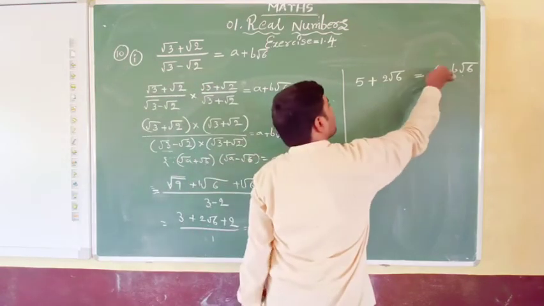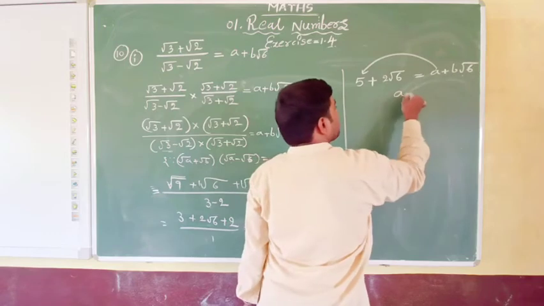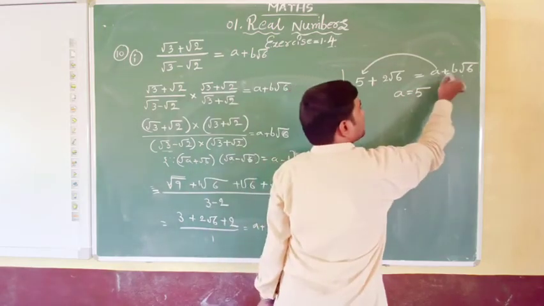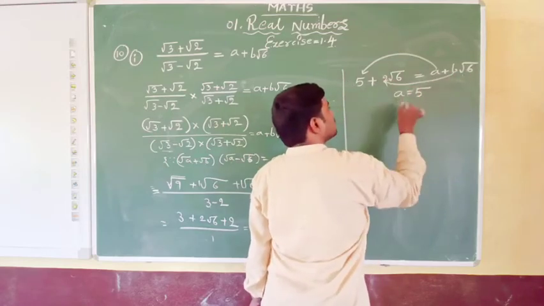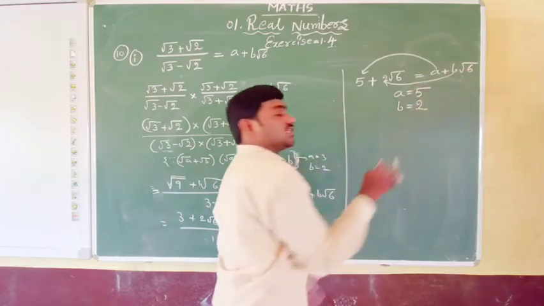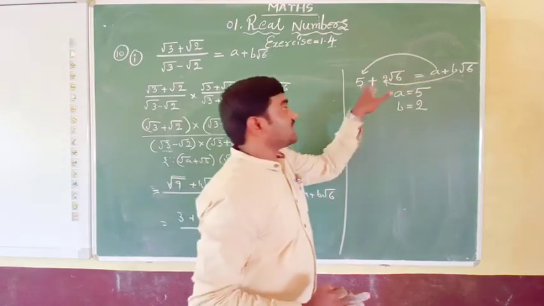Now, in the place of a, there is a 5, so a equals 5. By comparing we will get it. Plus and plus are both the same. In the place of b, there is a 2. Root 6 and root 6 are balanced, so root 6 should not be written. So a equals 5 and b equals 2.